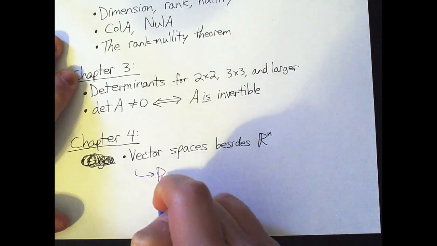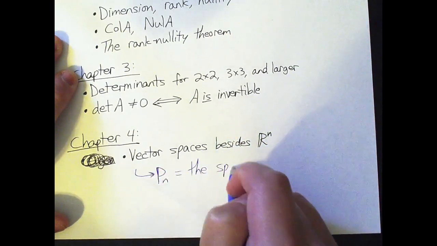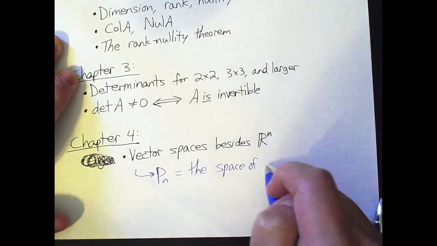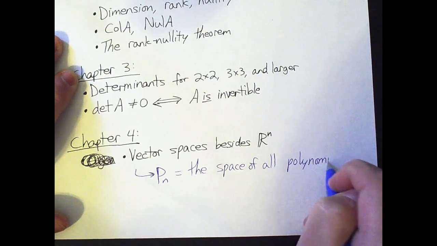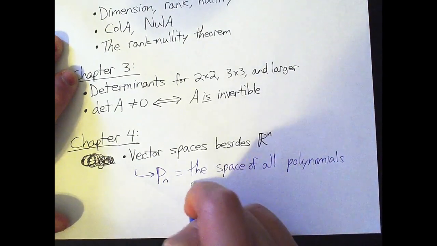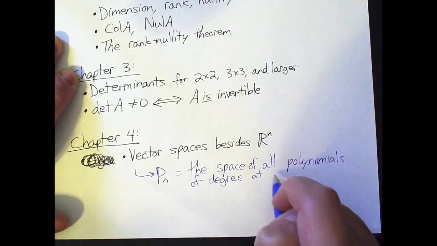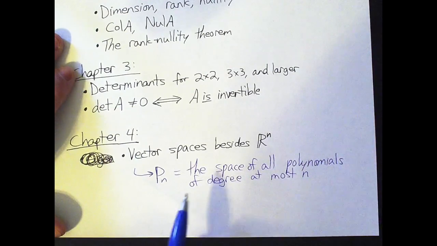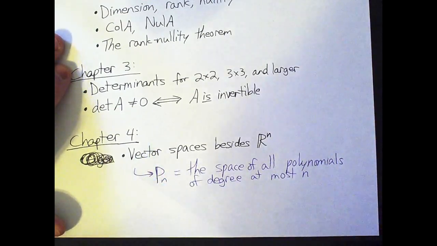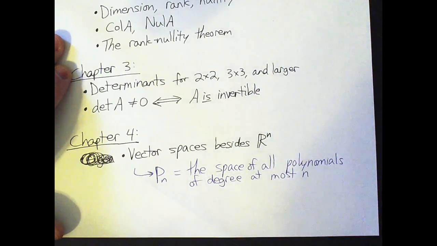We had something called Pn, and that was the space of all polynomials of degree at most n. Remember that? So you could have a vector space of objects that are not vectors in the traditional sense. They could be other things like polynomials.